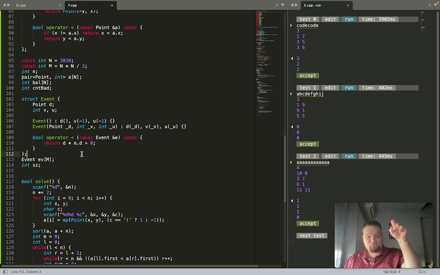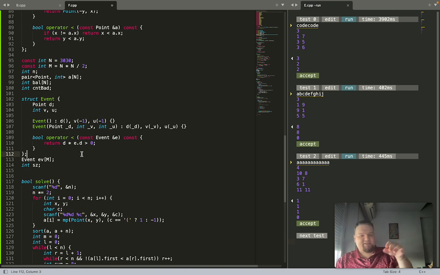So for every 2 points, there will be a single event. Maybe there won't be an event that interests us because it has negative x or y something. So there will be at most one.